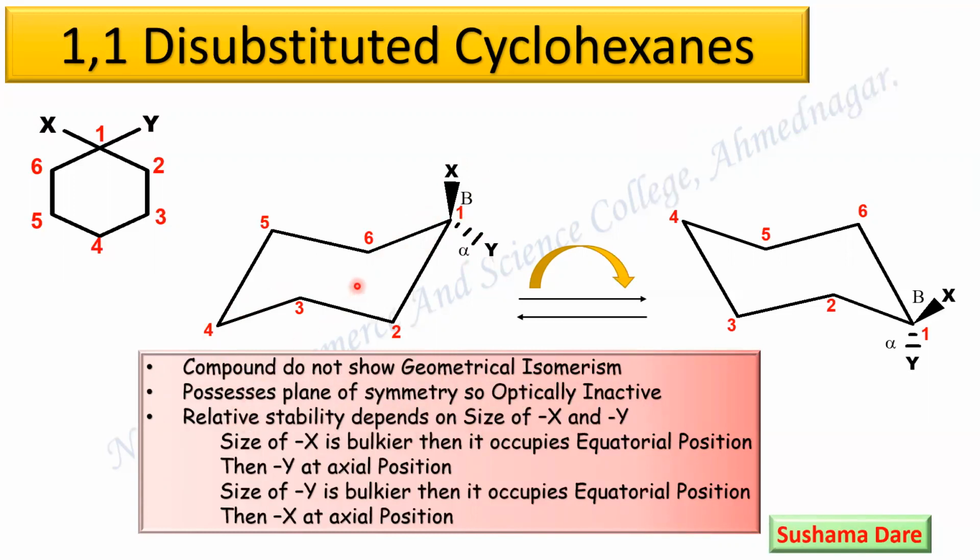Now, whether this structure exists or that structure exists depends on the relative stability, that is, which structure predominates.